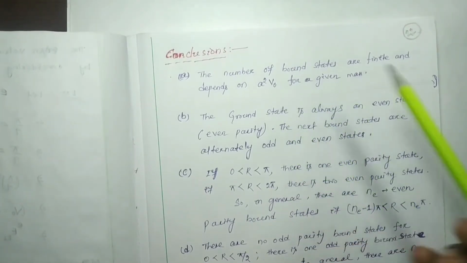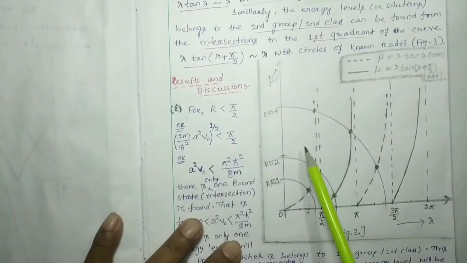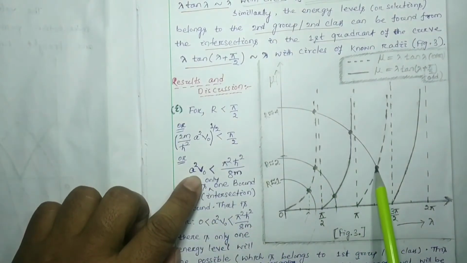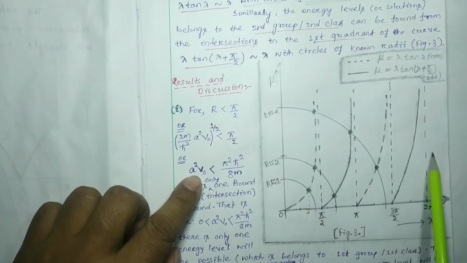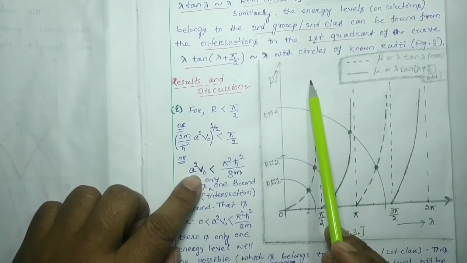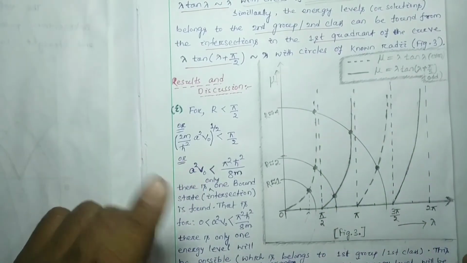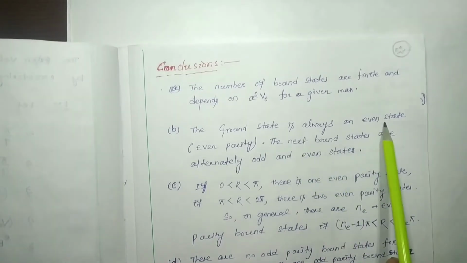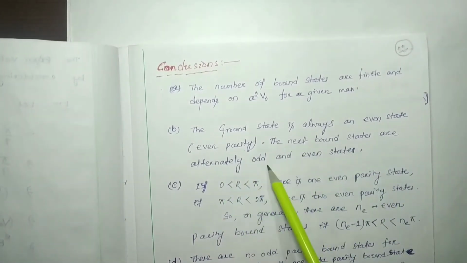with alternately even and odd parity increase. As we increase a square v0, even and odd states increase. If we consider another, larger circle, see this one, here we get even, odd, alternately the energy levels. The ground state is always an even state, even parity. The next bound states are alternately odd and even states.